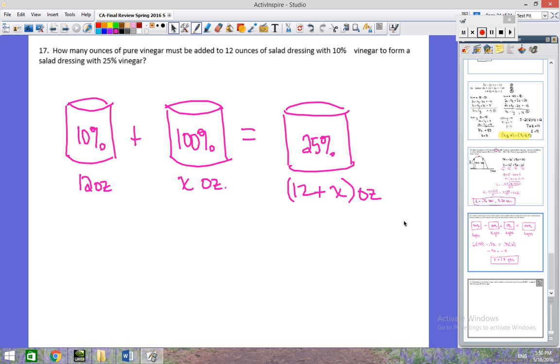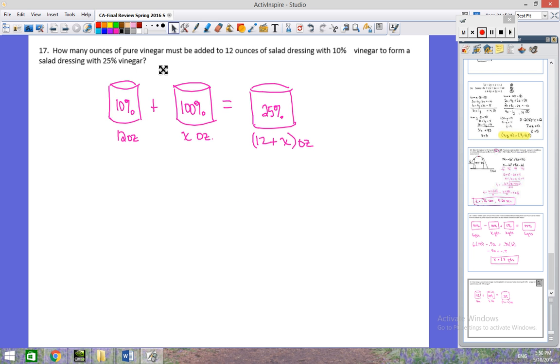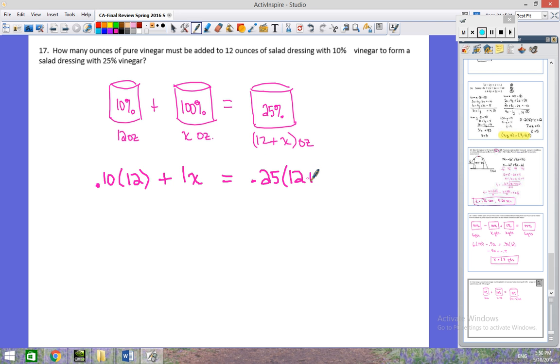Alright, so now the picture, at least it helps me understand the problem a little bit better, and hopefully that's the intent for you guys as well. But now we want to transition into an equation. The percent, I change it to a decimal. 100% as a decimal is just 1. I do need the parentheses because everybody inside here gets multiplied by the 0.25.